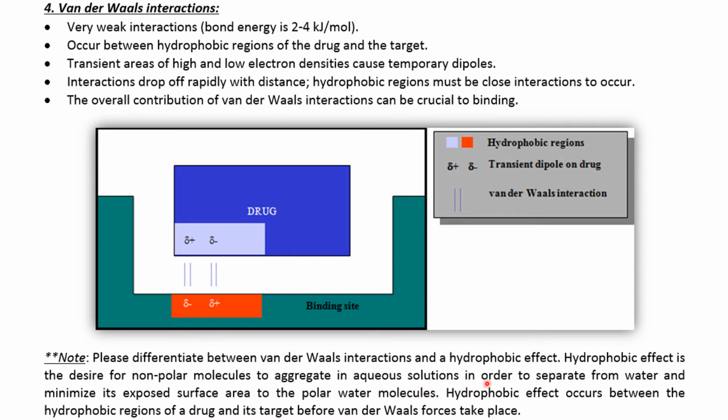Hydrophobic effect normally occurs between hydrophobic regions of the drug before van der Waals interactions take place, meaning that before the drug approaches the binding site, they have to get rid of the water molecules and they aggregate with each other. These hydrophobic regions aggregate to each other before van der Waals interactions occur.